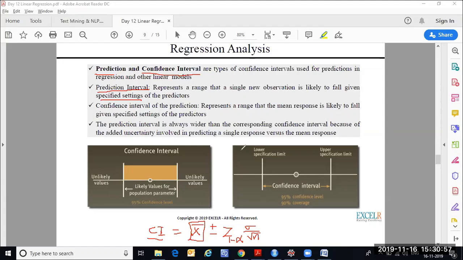Now, based on this, can you tell me whether the prediction interval range or the confidence interval range, which one is more, which one is less?